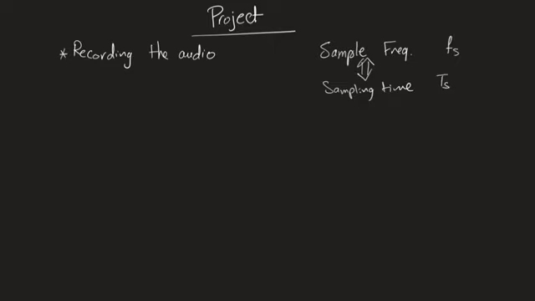The sampling frequency is, in 1 second, how many values of that continuous signal you are picking. So in 1 second of your voice, if I take 1,000 discrete values, this means that my sampling frequency is 1,000 hertz. So I'm taking a number of samples within 1 second.